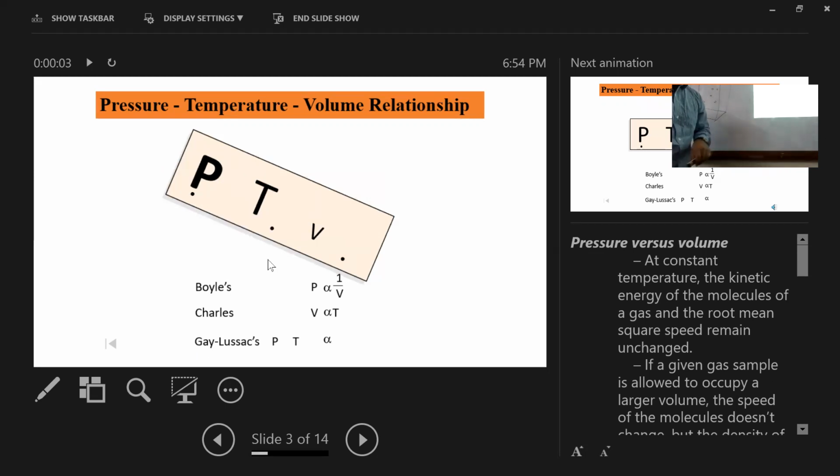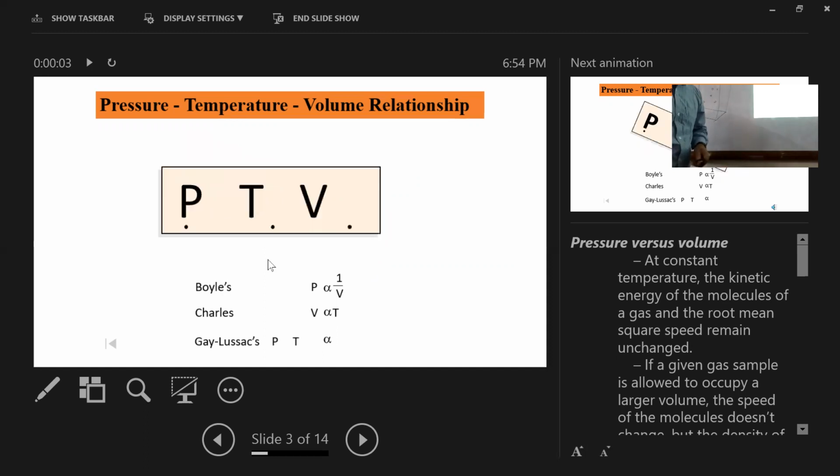Right now all the parameters are constant, fixed. Now, if you increase the pressure, the volume will be reduced. Again, if we reduce the pressure, the volume will increase.